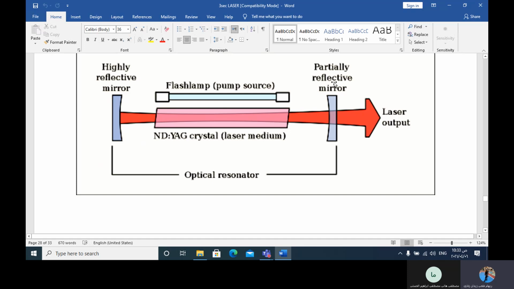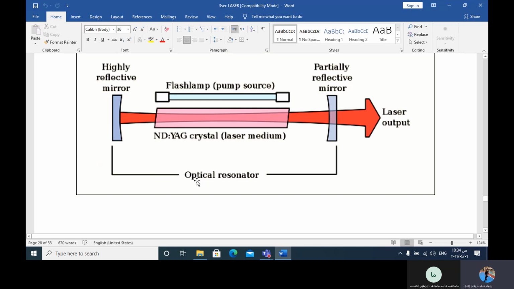Here you have the partially reflecting mirror. It can be a plane mirror, or it can also be a concave mirror. And here you have the highly reflective mirror, with about a 99.9% reflection coefficient, which means that it reflects most of the photons.